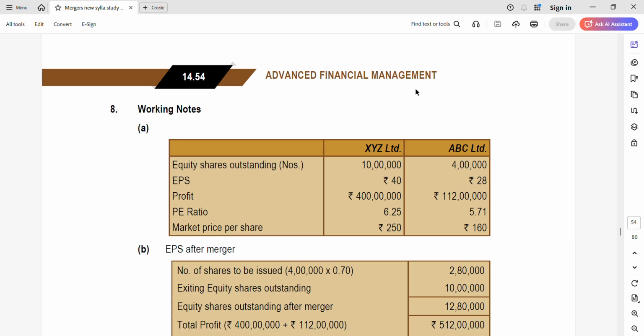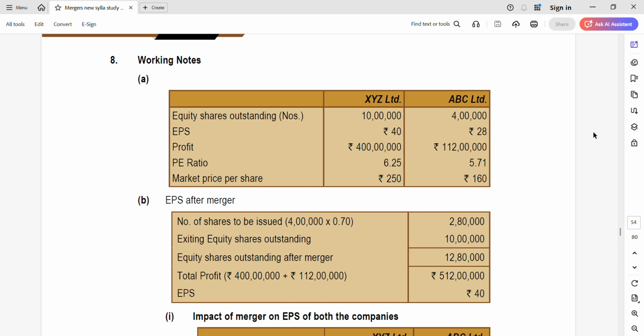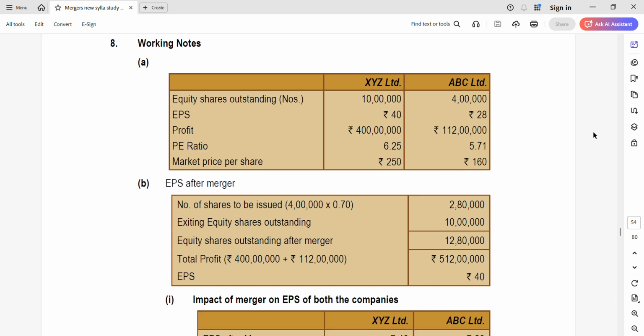First one: equity shares are given, EPS is given, from that profit can be found out, and the PE ratio is there. From that, the market price per share will be 250 rupees for XYZ Limited and 160 rupees for ABC Limited. This is the first part. Moving on to the second, EPS after merger: number of shares to be issued is 4 lakh into 0.7, because the share exchange ratio given is 0.7, so 2,80,000.